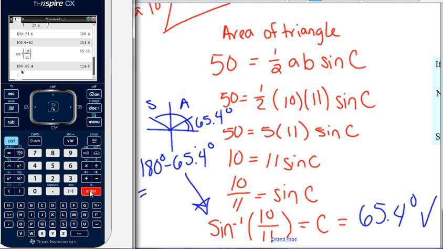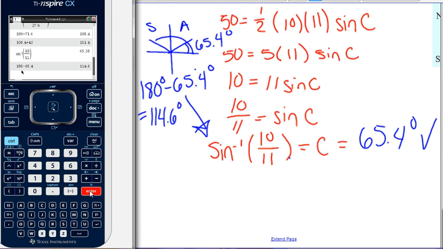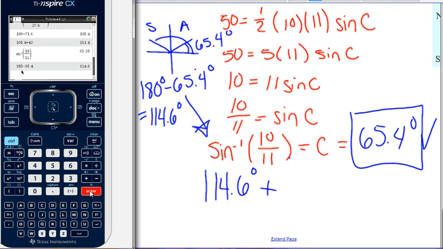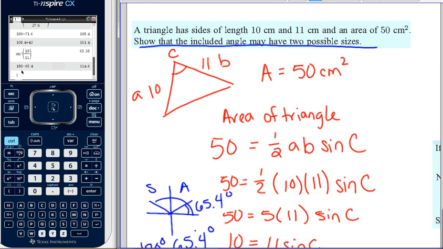Okay, so that's 114.6 degrees. We want to make sure that if we add it to the existing angles, we don't have any existing angles, so that's perfect.